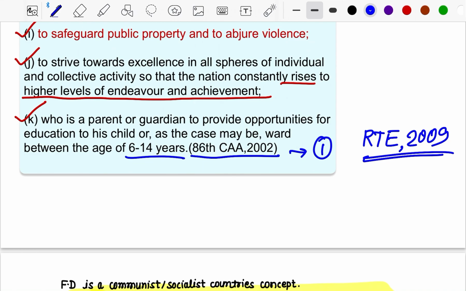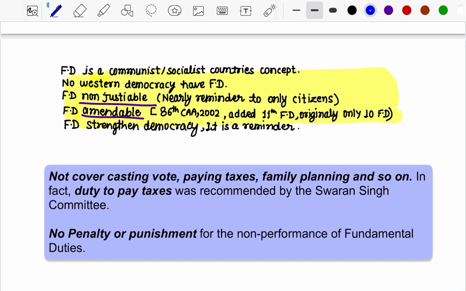Here also, it is the duty of parents and guardians to provide opportunity for education to the child between the age group of 6 to 14 years, so that they can have access to education and can rise up in the upcoming future, right?